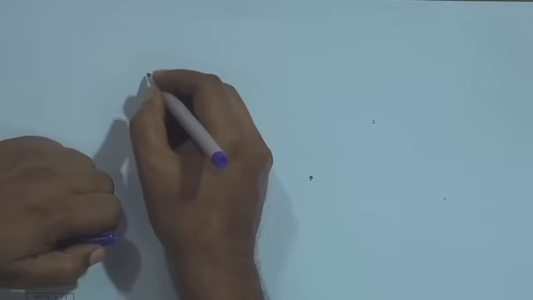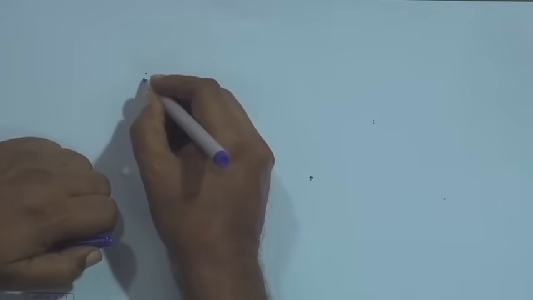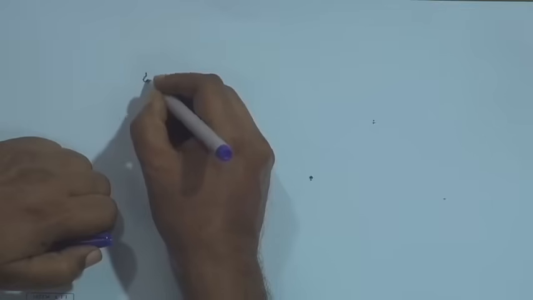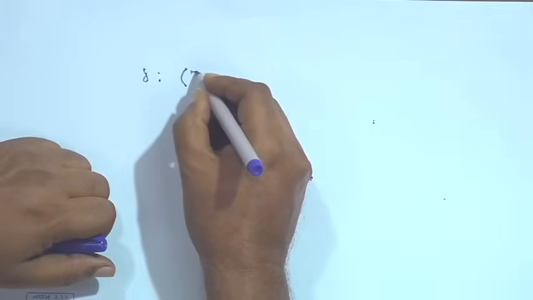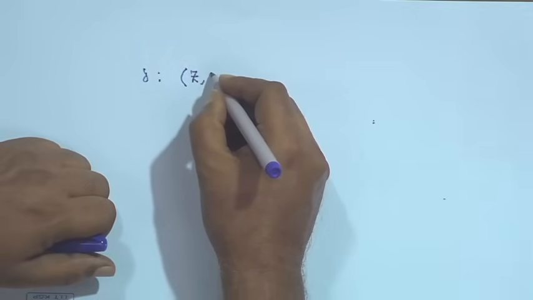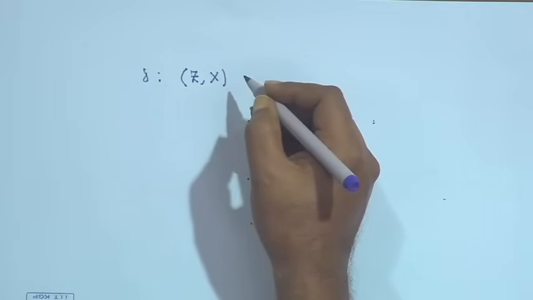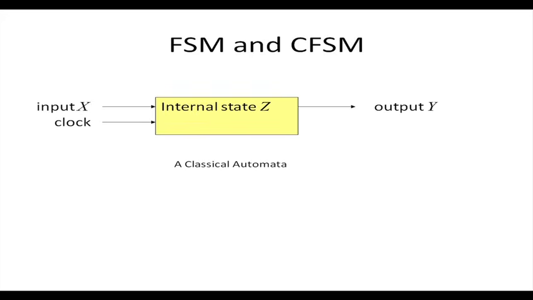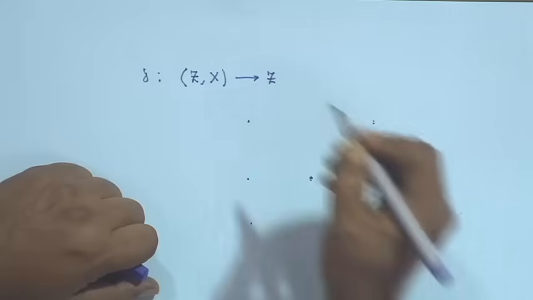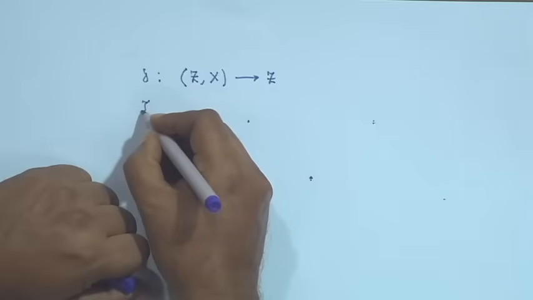Say one is, let me call it, the state change function, delta. The state, say Z, is the present state, and some input x is the input. Here you can see x is the input, and it is taking it to some other state Z. And there is an output function, let us call it tau.